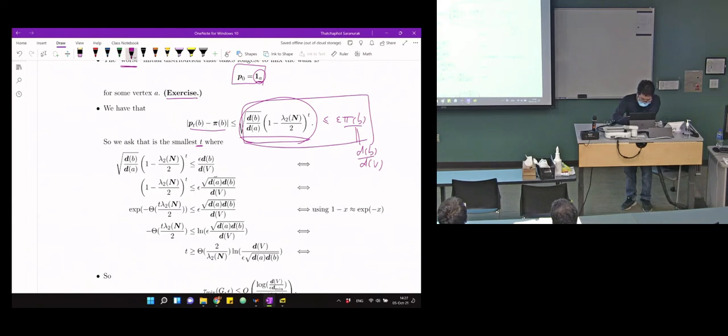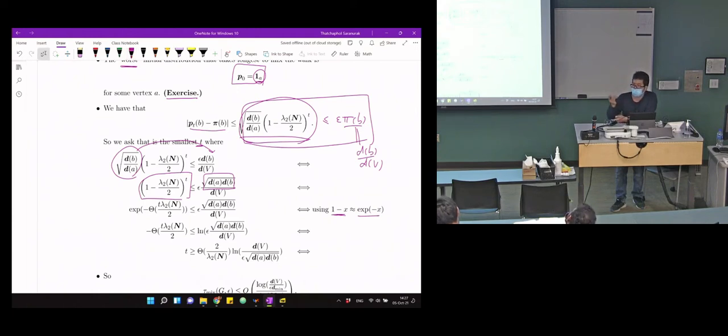So I ask for the smallest t such that this holds. You just do some algebra. You move this to the right, you get this thing, and now you have this part. But you can use that 1 minus x is approximately e to the minus x. It's a very close approximation. So I can replace this part by e to this thing.